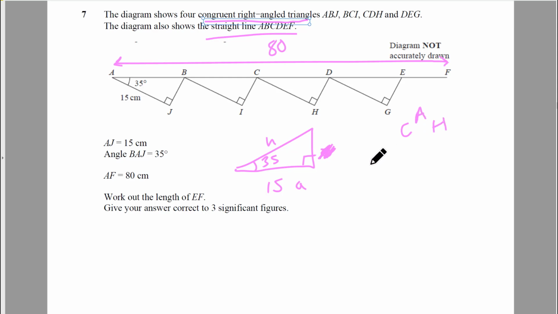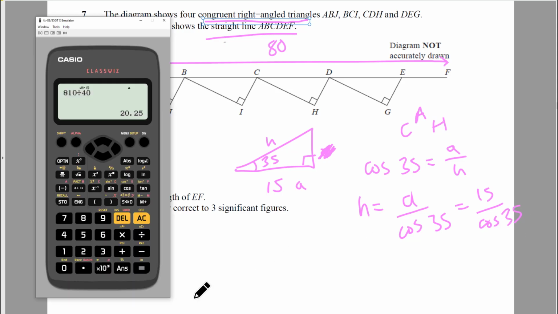So I know that's the CAH, so that means cos 35 is going to equal A over H. Now I want to find H, so if you cover the H, you know H equals A over cos 35. So H equals A divided by cos 35, which is 15 divided by cos 35.